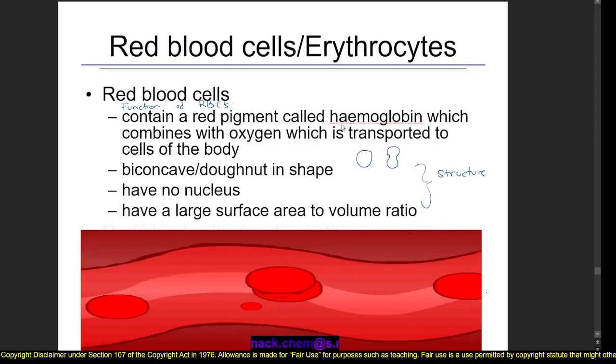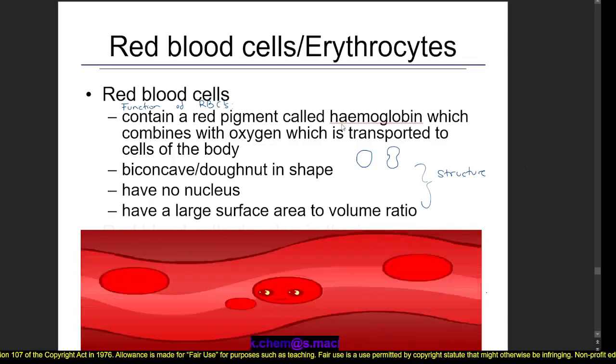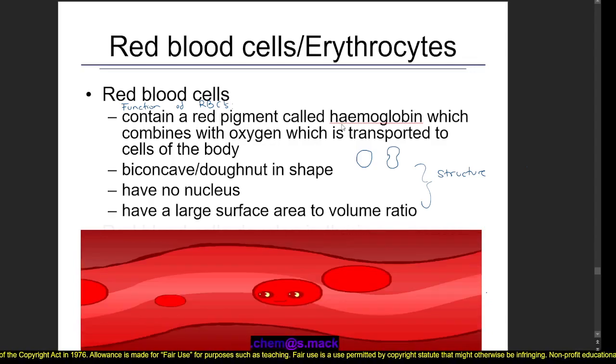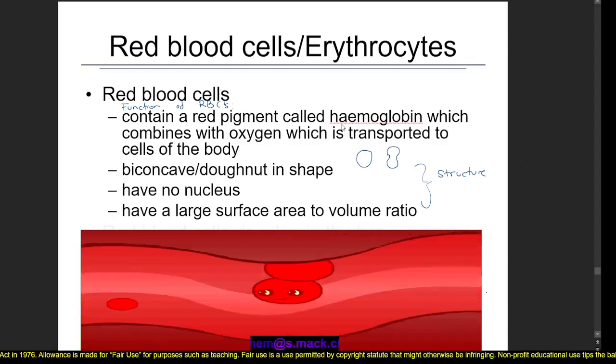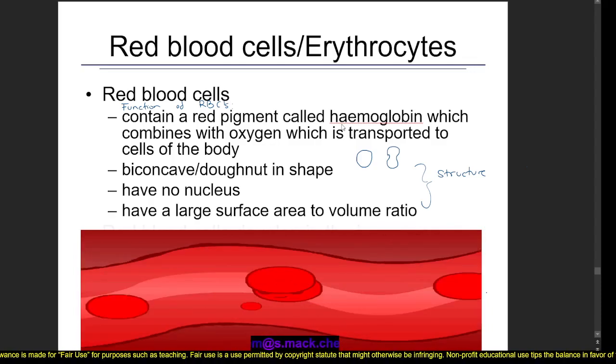So that biconcave shape allows for a large surface area, meaning the red blood cell can allow a lot of oxygen to enter it very quickly. Because there's no nucleus, it can hold more hemoglobin and hence transport more oxygen.